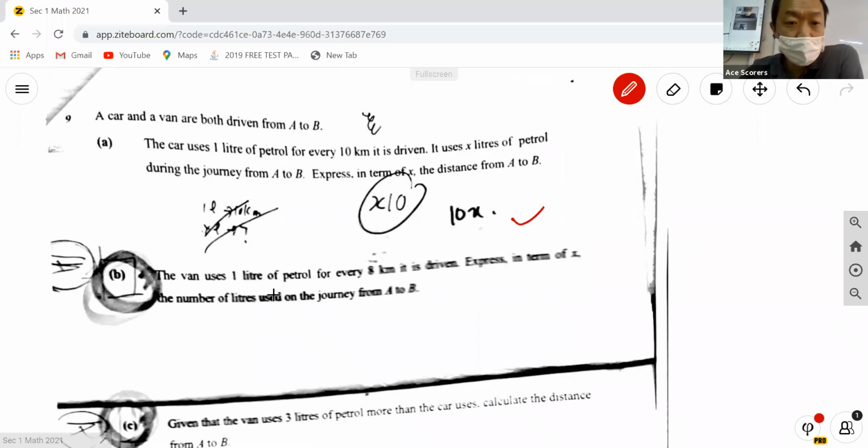Now the van uses 1 liter for every 8 kilometers. Express in terms of x the number of liters used on the journey from A to B. 10x is the distance, so you take 10x divided by 8 to find how much petrol is used, which will give you 5x over 4 liters.